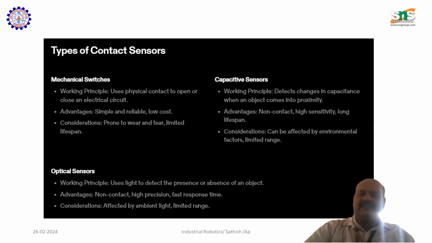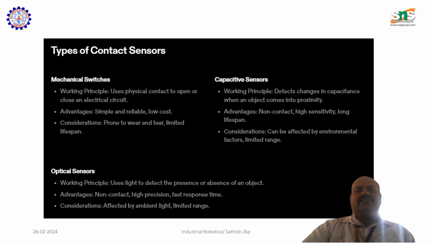The line is open when the switch is off, and the line is closed when the switch is on. In the same way, we have physical contact to open or close an electric circuit. The advantages of mechanical switches are that they are very simple, reliable, and low cost. The consideration is that they often come into physical contact, so they are prone to wear and tear and have a limited lifespan.